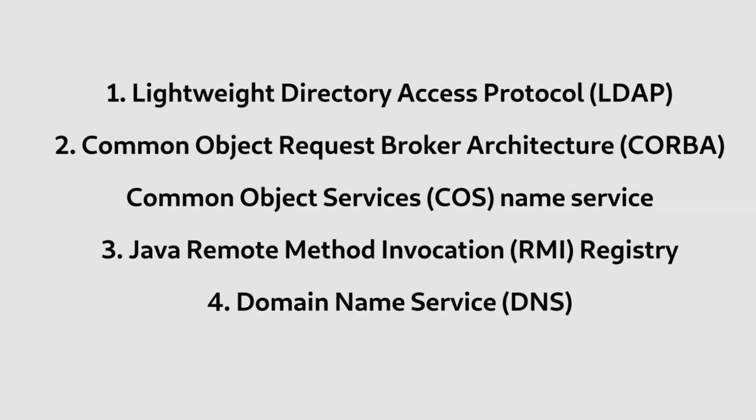The JDK includes service providers for the following naming directory services: Lightweight Directory Access Protocol, LDAP, Common Object Request Broker Architecture, CORBA, Common Object Services, COS, Name Service, Java Remote Method Invocation, RMI Registry, Domain Name Service, DNS. Therefore, it is likely that we will see different variations of the attack.